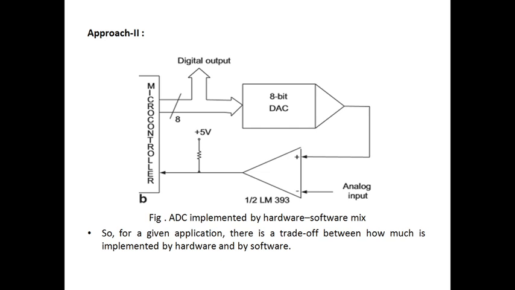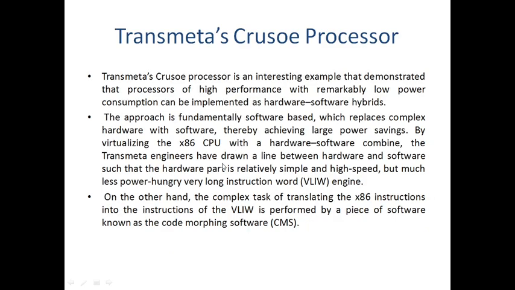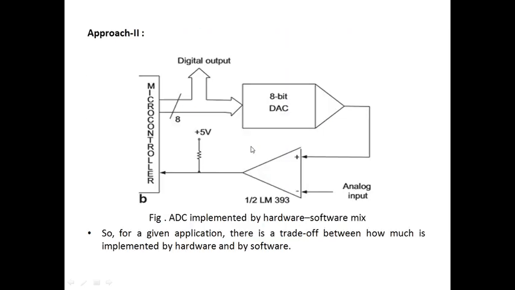Based upon the application we choose how much hardware and how much software we require. This is the concept of hardware and software code design. Finally we conclude that based upon the application, we will take the perfect approach.